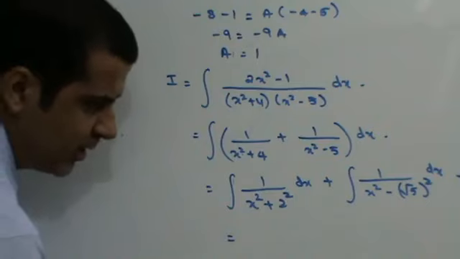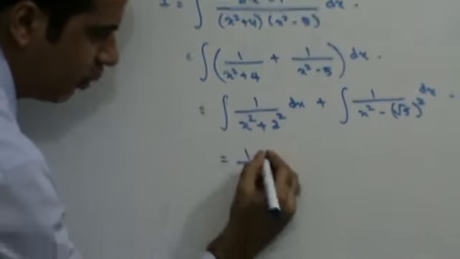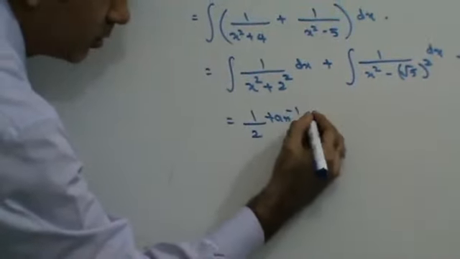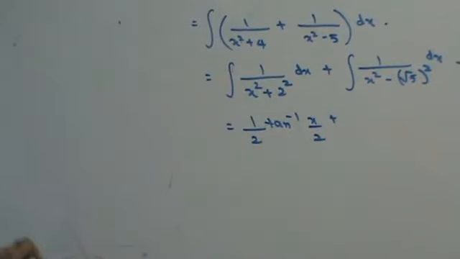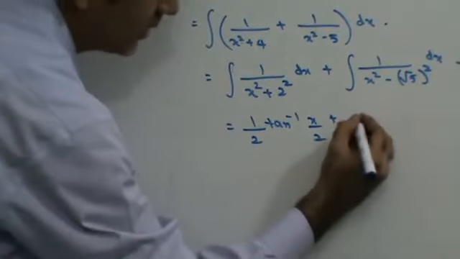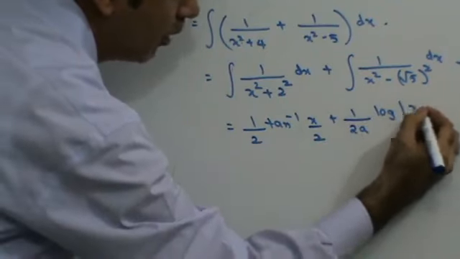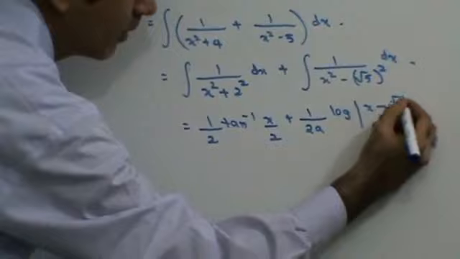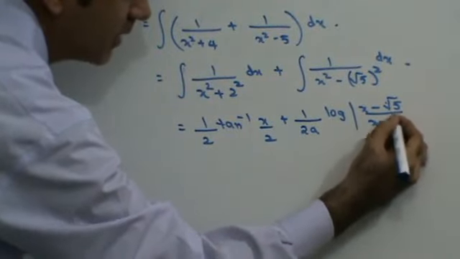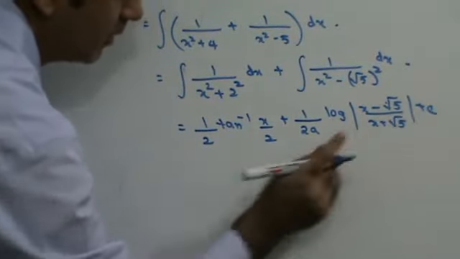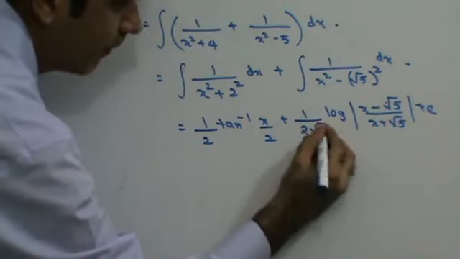Integral of 1 upon x square plus a square is 1 upon a tan inverse of x by a. Integral of 1 upon x square minus a square is 1 upon 2a log mod x minus a upon x plus a plus c. The value of a here is root 5.